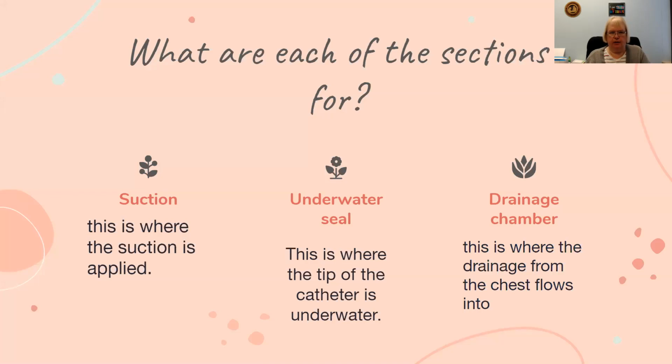So now the suction is where the suction is. And in that area, I would see bubbling if it is to suction. Bubbling should be continuous there. And that's what helps provide that negative pressure.